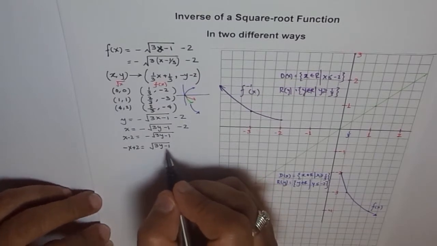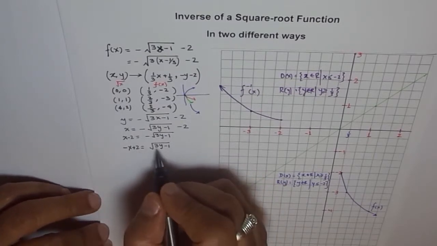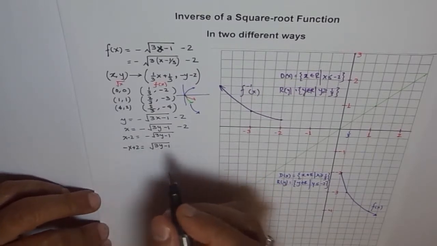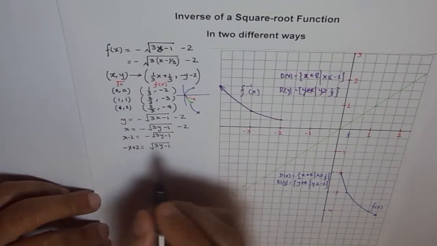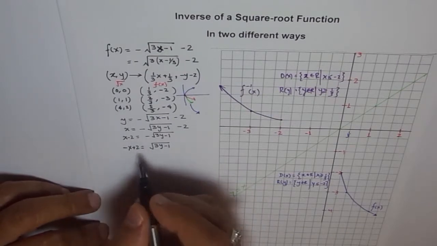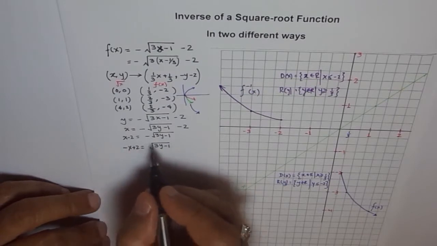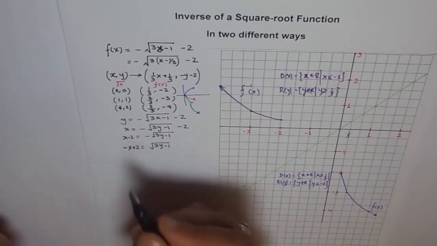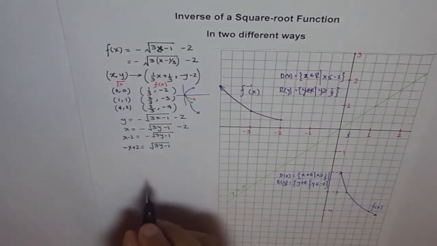Now, we can square both sides. Or we could have written this as minus of x minus 2, it's the same thing, 2 minus x.